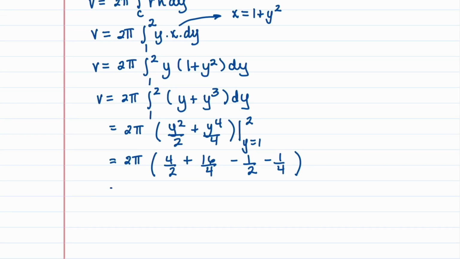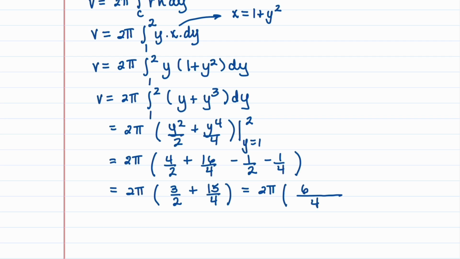Let's combine our fractions. We have 4 halves minus 1 half, so that's 3 halves. And then 16 over 4 minus 1 over 4 is 15 over 4. Looks like we can get a common denominator of 4.